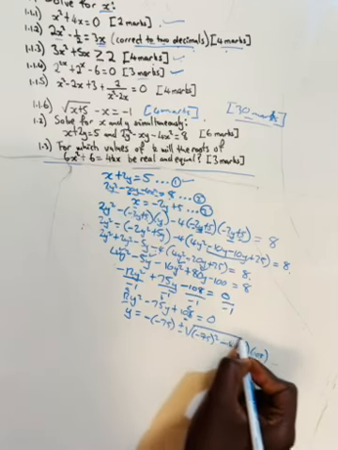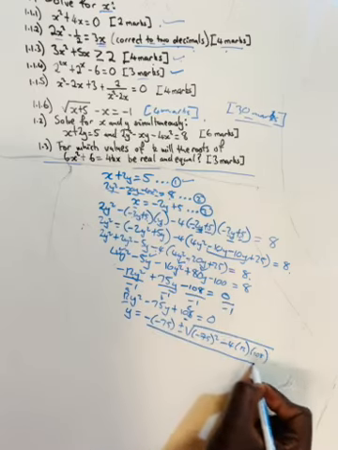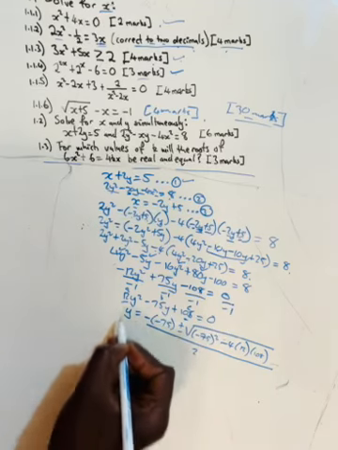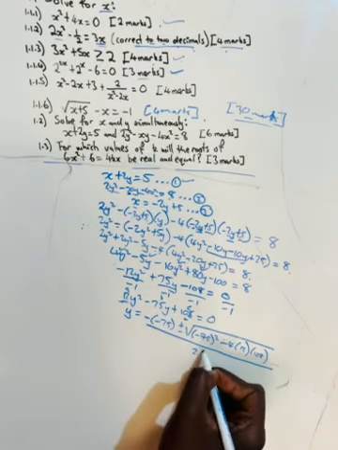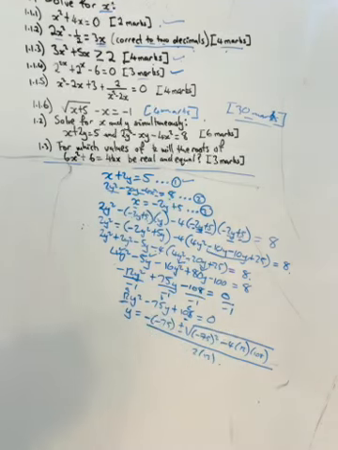Then I close the square root, and all over 2 multiplied by a, my a is 12. Now I consult my calculator for this particular section.